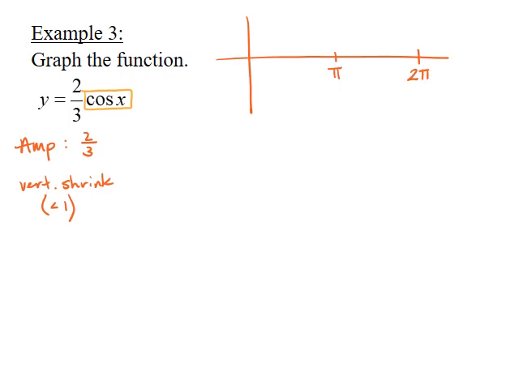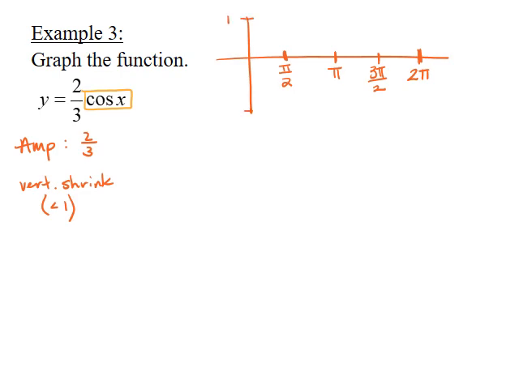Then I split that in half, and that is pi over 2. Then I'm going to think of these half units. So if this is pi over 2, this is 2 pi over 2, this is 3 pi over 2, and this is 4 pi over 2.